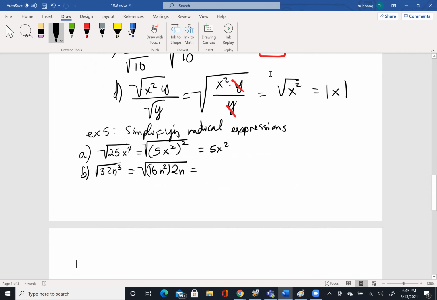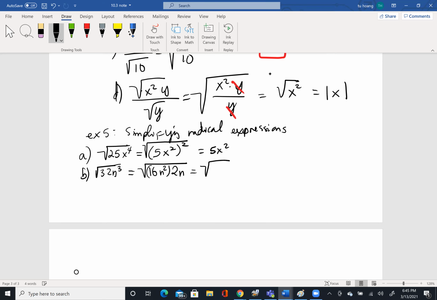So you need to factor out 16n squared times the square root of 2n, right? Note that 16n squared is the largest square factor.